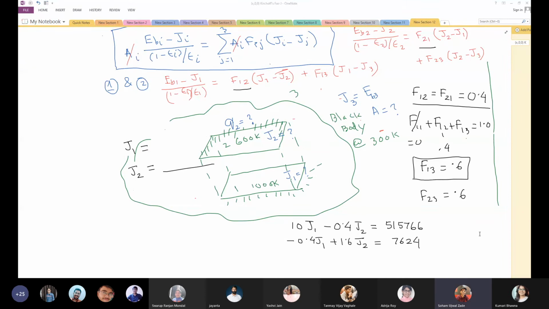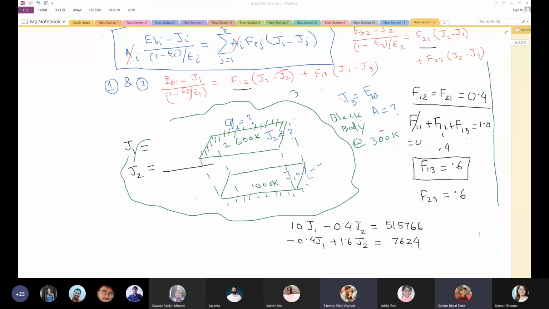Yes, sir. But there is a slight difference after 3 digits, but more or less they are the same. Then why is the J2 value differing? J2 value I get is something around 17 kilowatt per meter square.